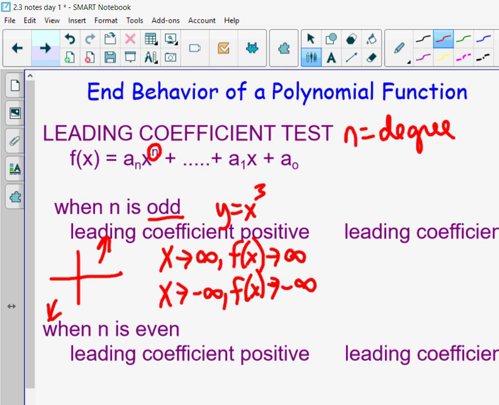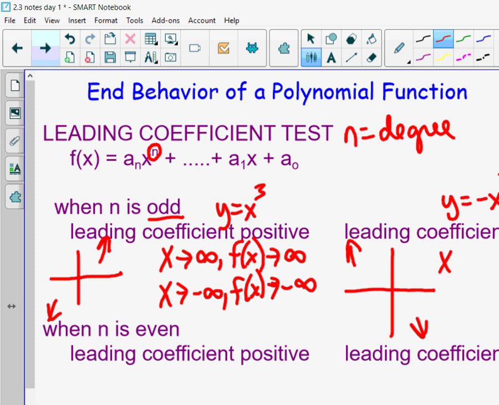But what happens when the leading coefficient is negative, like y equals negative x to the third? Well, think about that. That's a reflection over the x-axis. So now the left side's going to flip up, and the right side's going to flip down. I always remember when it's positive, positive stays with positive infinity, negative stays with negative infinity, and then it flips on this, right?